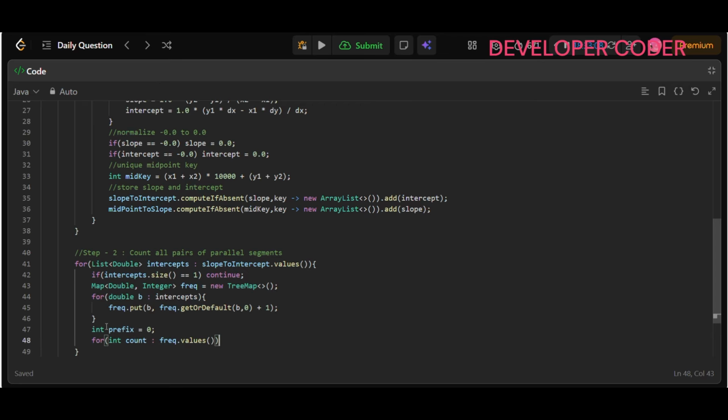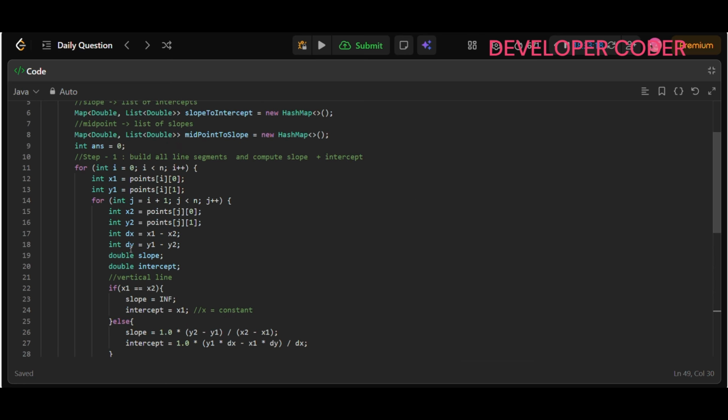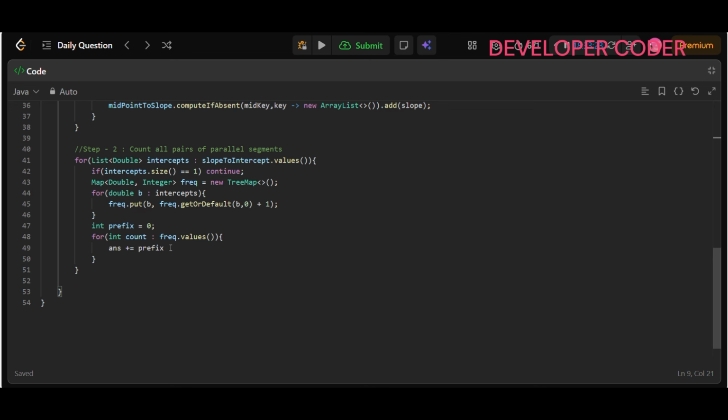Okay, so in my answer, I'm here taking the prefix value, right? Here if you see, I'm taking this answer as 0 here, and now answer is nothing but the current prefix, which is 0, and in this I'm just going to add the current count, and all these values are there in TreeMap, right?